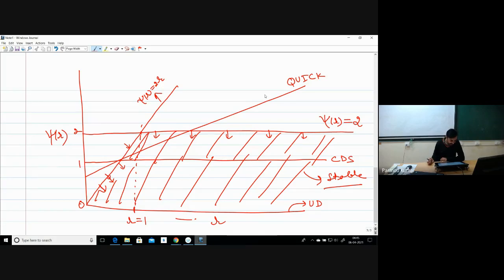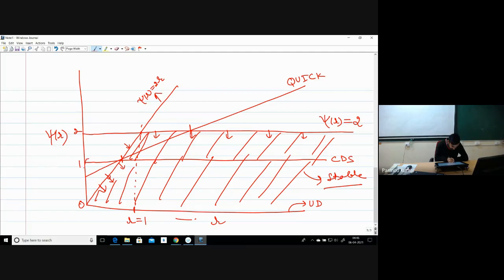Now for the QUICK scheme, you can see that this is my equation for the QUICK scheme. QUICK will be stable only in this particular bound, and if you go beyond this bound, then your QUICK scheme will not be stable, because it is not lying in the stable regime on the psi-r diagram. Similarly, this line is for our central difference scheme, and this is for QUICK.